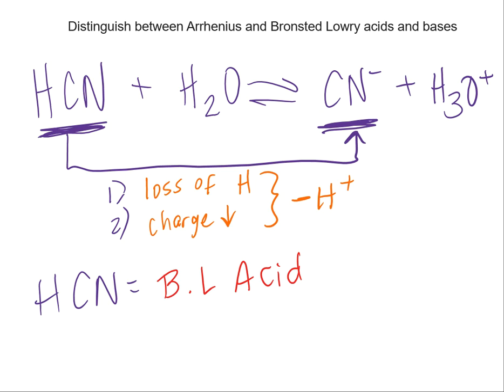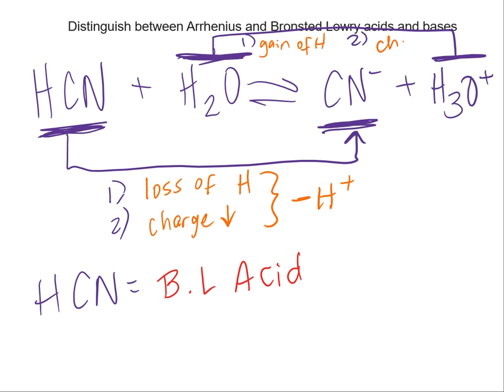We can then compare, we'll put the line above this time, H2O and H3O plus. So two things had to occur there. Again, we see a change in the hydrogen, we see a change in the overall charge. So we saw a gain of H, or an increase of H, so it went up by 1.